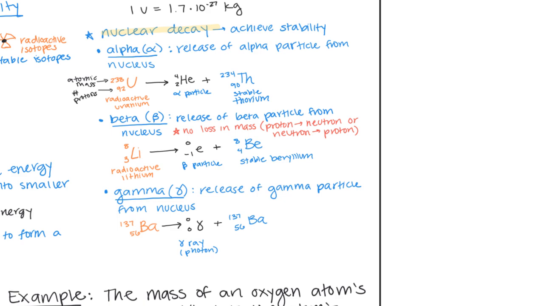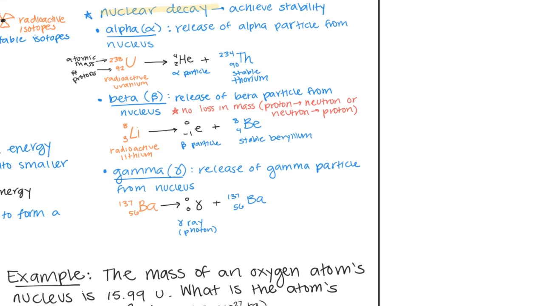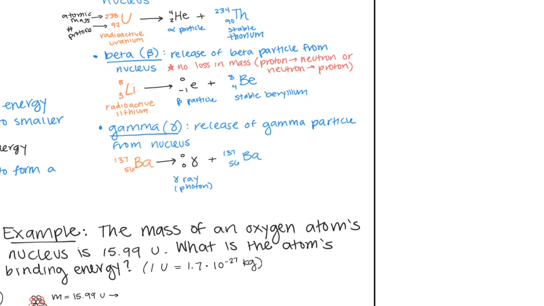It also shed 2 neutrons, so in total it has lost 4 universal mass units. So its mass has decreased by 4. It started with a mass of 238 and now it has a mass of 234. So that is an example of an alpha decay. Really what it's doing is just shedding 2 protons and 2 neutrons from the nucleus of the atom.